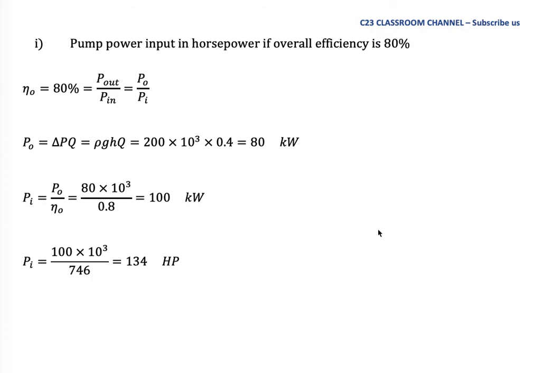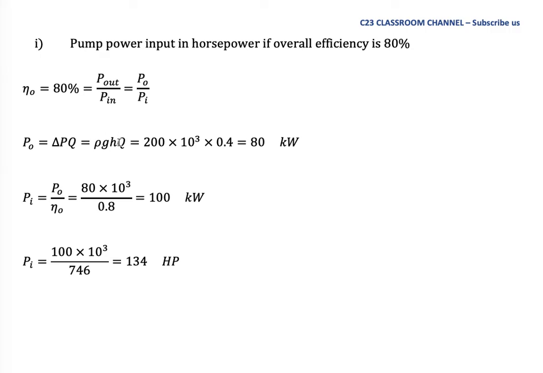So first, we need to calculate the power input in horsepower if overall efficiency is 80%. We know that overall efficiency is power out divided by power in, so 80% equals power out over power in. Power out is equal to rho g Q H, like this.